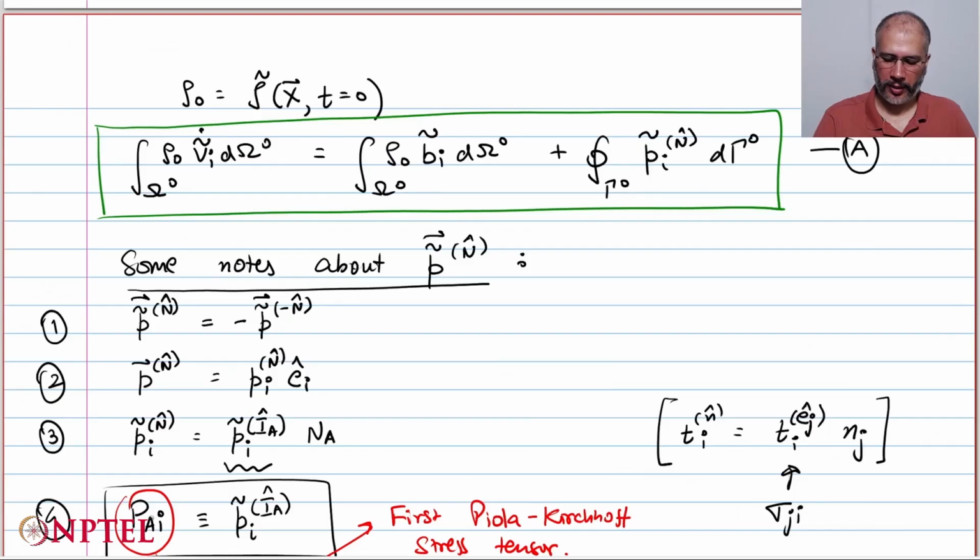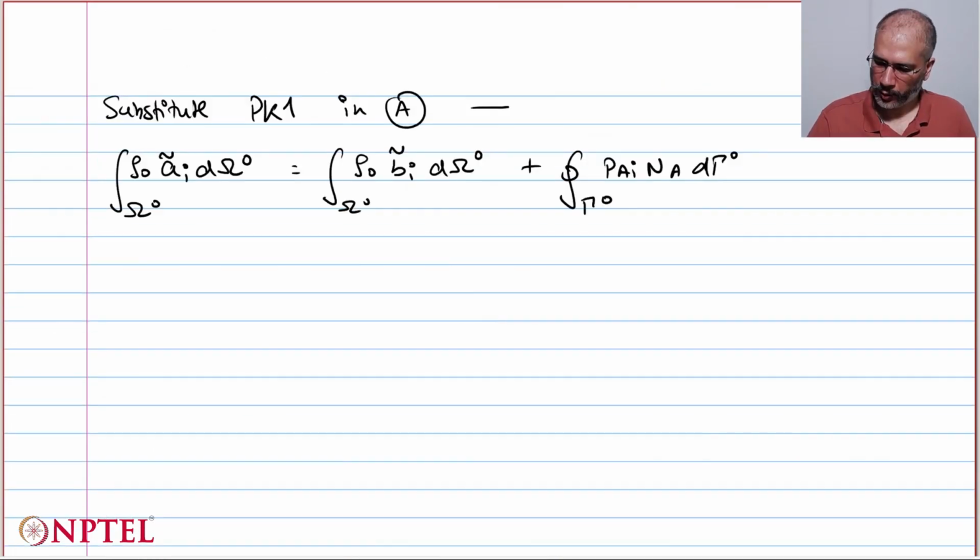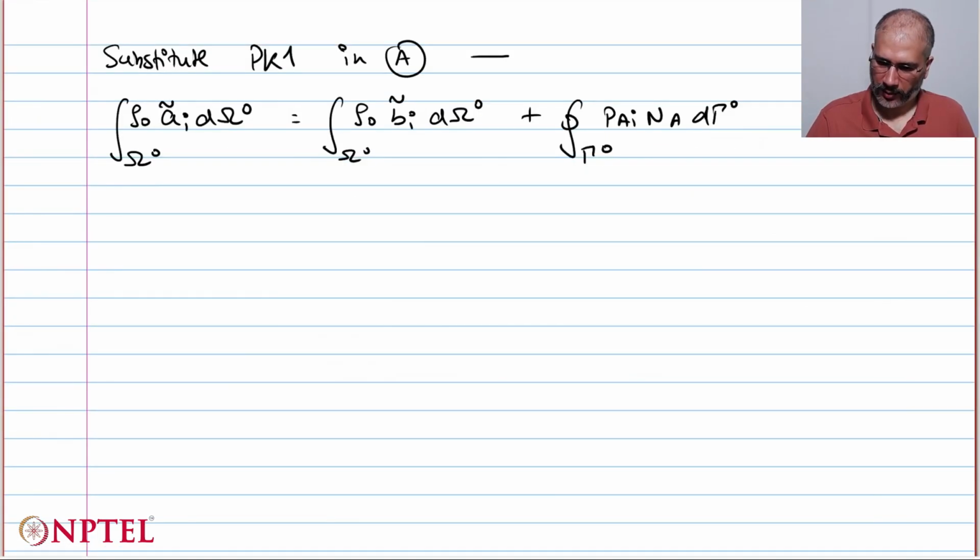Now, if you look at equation A here, we will be substituting our stress vector P tilde here using the first Piola-Kirchhoff stress tensor. So let's do that. So we see that the stress vector now becomes PAI NA, and I've also chosen to write VI tilde dot as AI, the acceleration field. And this term on the far right can be written as a volume integral using Gauss's theorem.